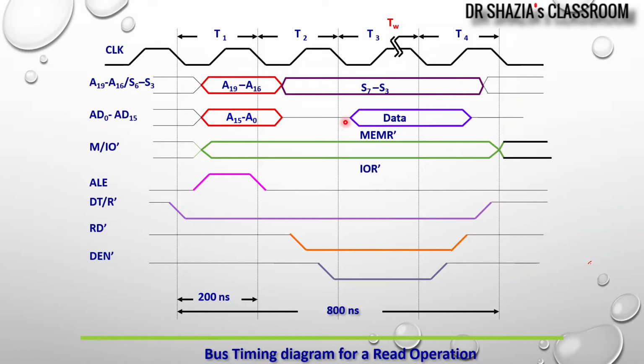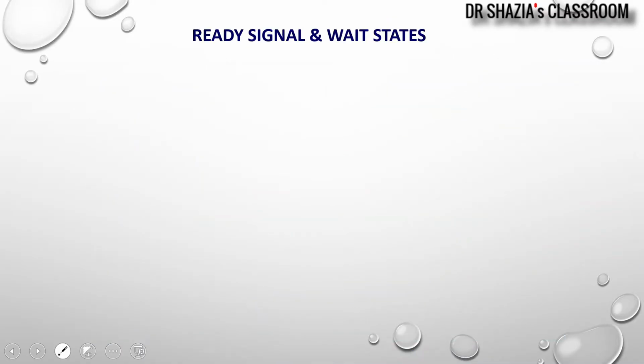So even if my microprocessor has made ALE high, generated the address, generated the M/IO signal, DT/R bar, and in the second T state, it has generated the status signal and the control signals, and is ready to receive the data, if the IO device or memory is a slower device, it will not be ready to place the data on the data bus. So in that case, we need to insert what is called a wait state.